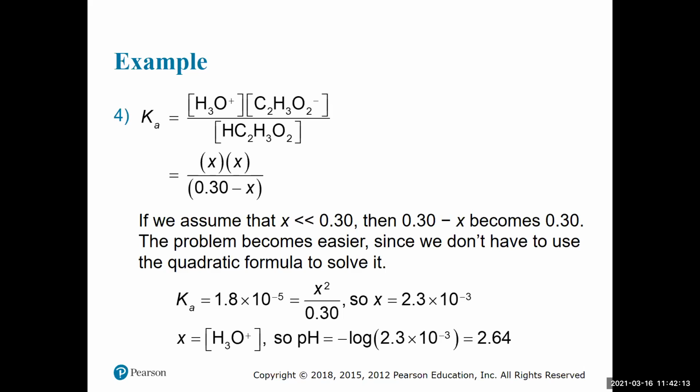So if we assume that X, the amount that it's going to dissociate, is a pretty small number compared to 0.3, then we can neglect the minus X term in that denominator. Then it just becomes X squared divided by 0.3 equals the constant, which we were told is 1.8 times 10 to the minus 5.